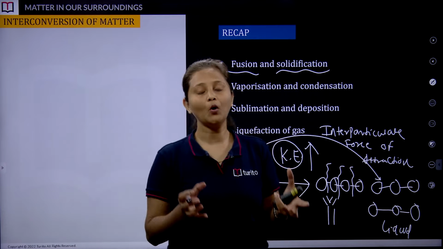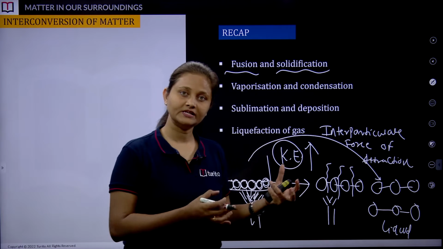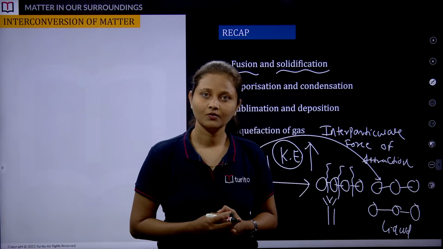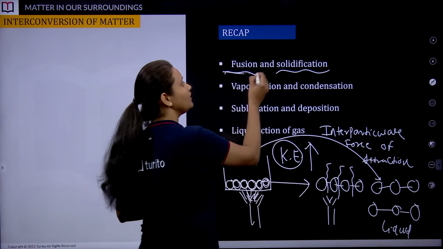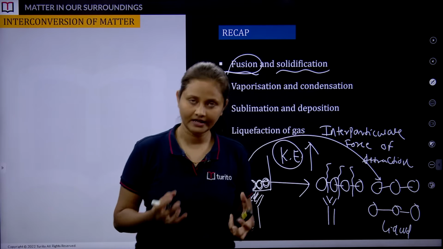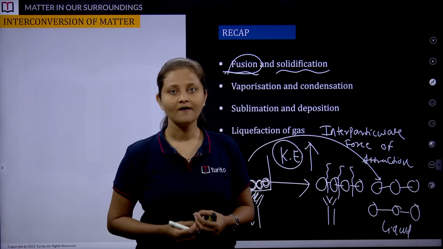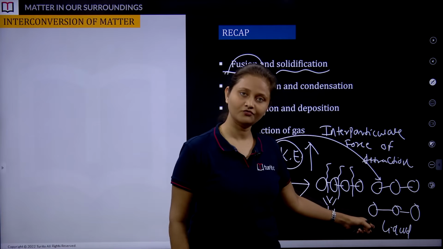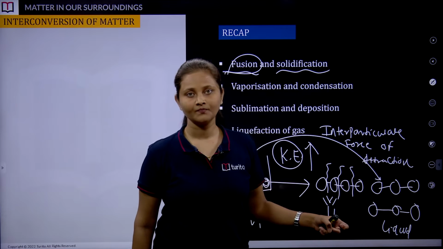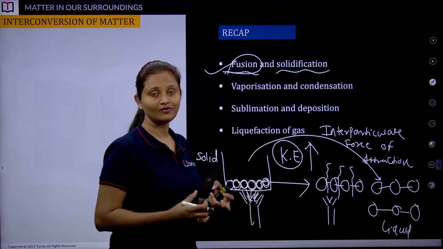By fusing the bonds, or by decreasing the force of attraction present in these solids. That's how we define fusion. Basically, you have supplied external heat and melted those solid particles. Now whatever we have is in molten or liquid form. So that's how we can say it's a fusion process which we have seen.